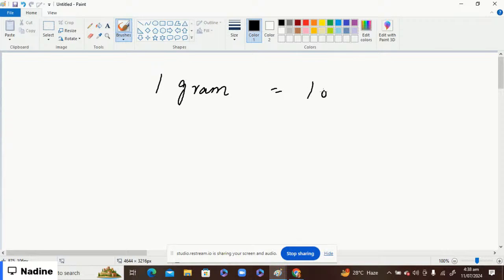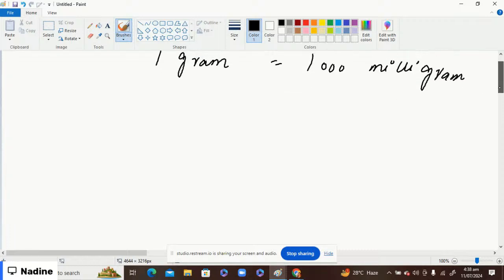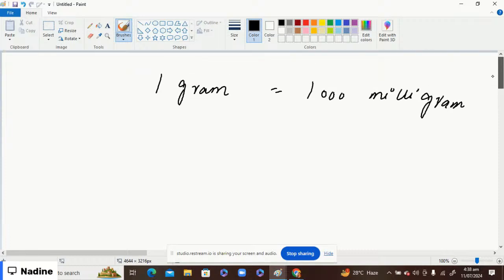That is equal to 1000 milligrams. In this way, you check it. 1 gram is equal to 1000 milligrams. And when we say 5 grams, simply multiply 5 by 1000. What's the answer? It's 5000.